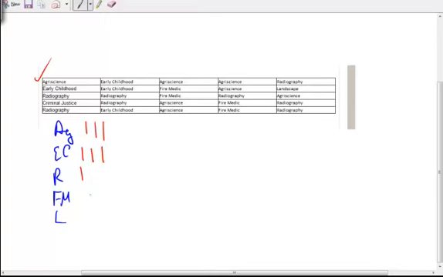Second row, similarly. And then the third row, same way. Fourth row, no, we forgot criminal justice, so make sure you add that. And fill them in.